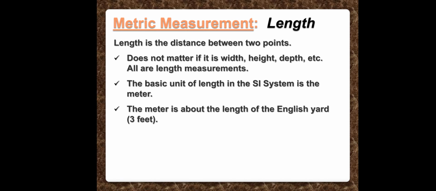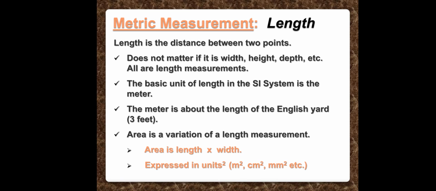The meter is about the length of the English yard, 3 feet. Area is a variation of length measurement. Area is length times width expressed in unit squares, that is meter squared, centimeter squared, millimeter squared, etc.